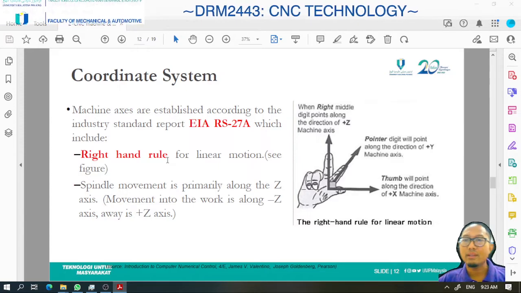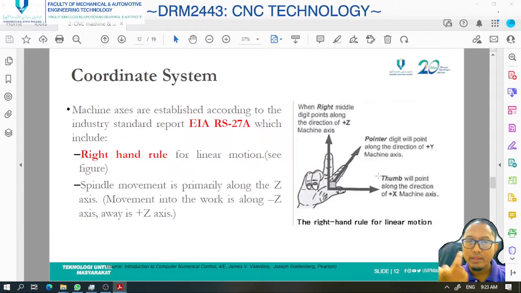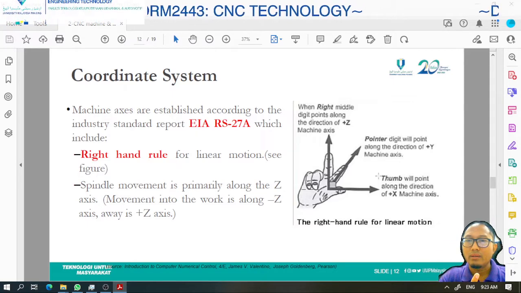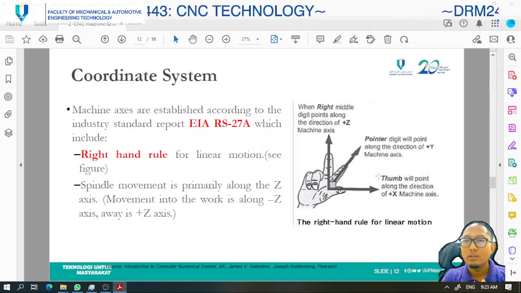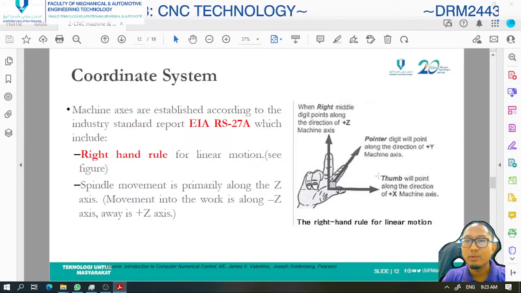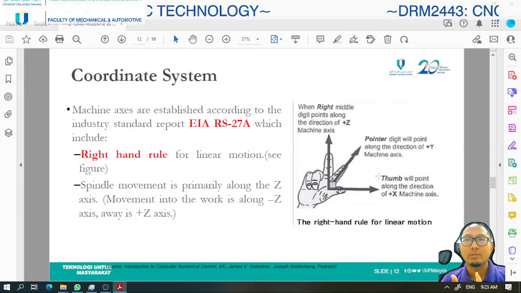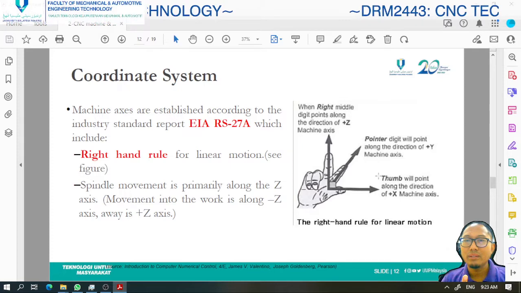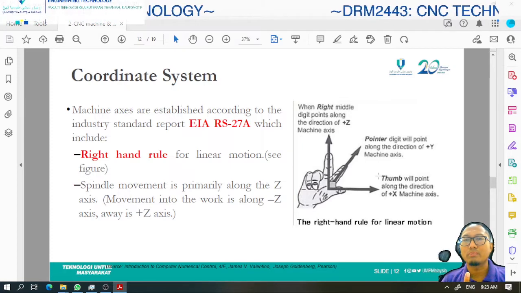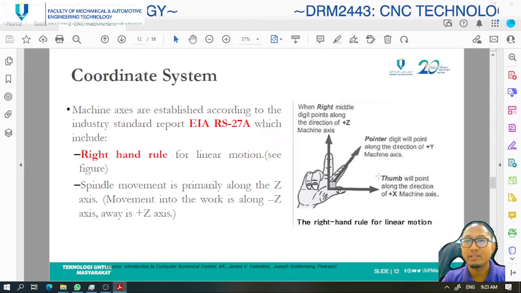Let's take a look at this figure here. We can use our right hand, pointing it forward. Our thumb is going to point to the x positive direction, our index finger is going to point to the y positive direction, and our middle finger is going to point to the z positive direction of the machine axis.